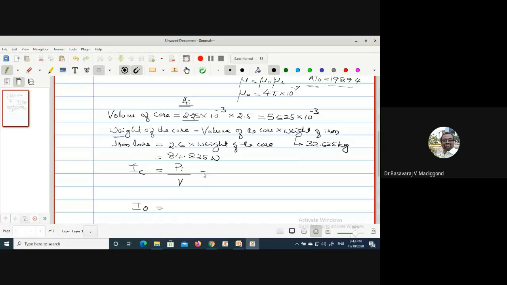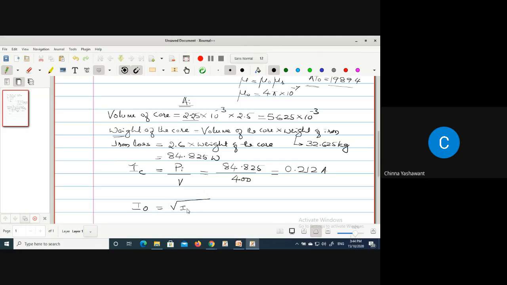Now calculate the loss component of the current. 84.825 divided by 400. 0.212 amps.